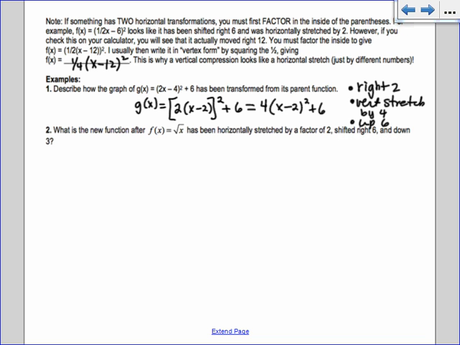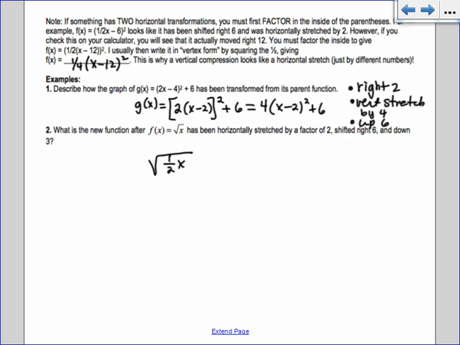All right, so number 2, it says, what is the new function after f of x equals the square root of x has been horizontally stretched by a factor of 2. So if I see horizontally stretched by a factor of 2, what do I need inside the square root? Not 2. I need 1/2. Right? It's the opposite. Instead of multiplying by 2, I end up dividing by 2. 1/2 of x.